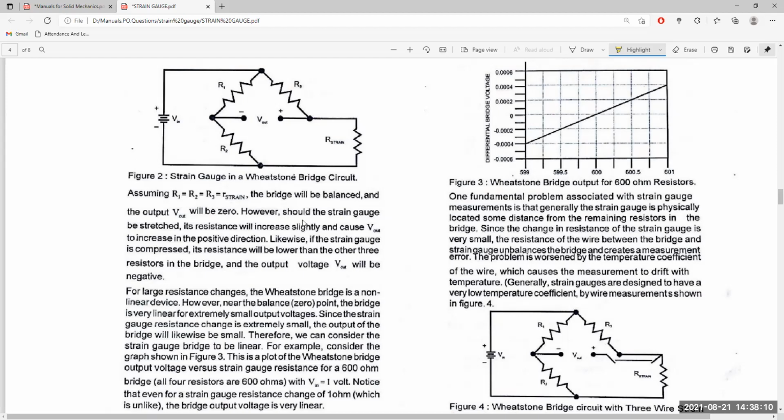However, should the strain gauge be stretched, its resistance will increase slightly and cause V output to increase in the positive direction. Likewise, if the strain gauge is compressed, its resistance will be lower than the other 3 resistors, and the output voltage will be negative.